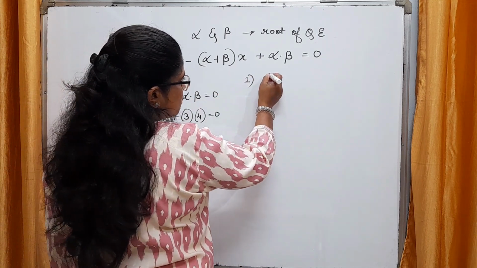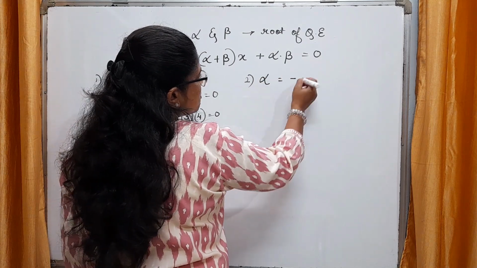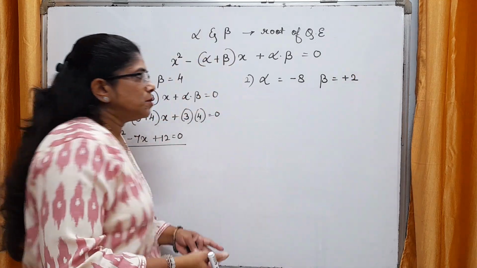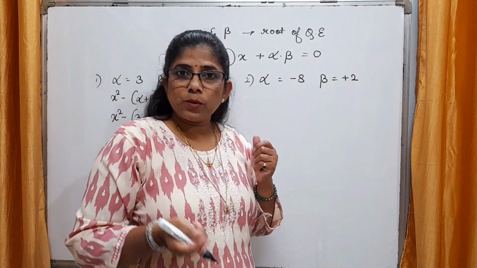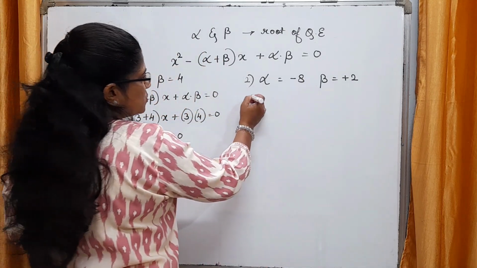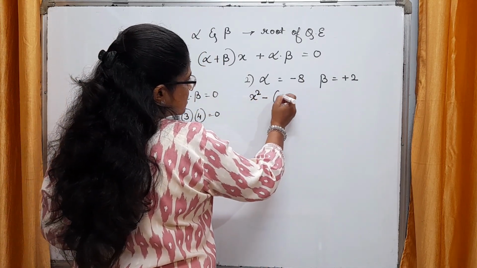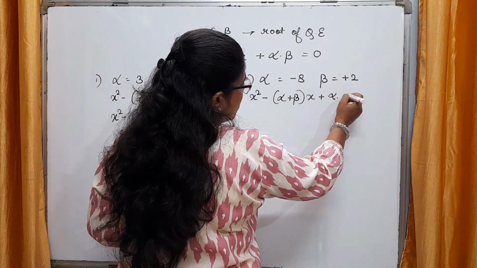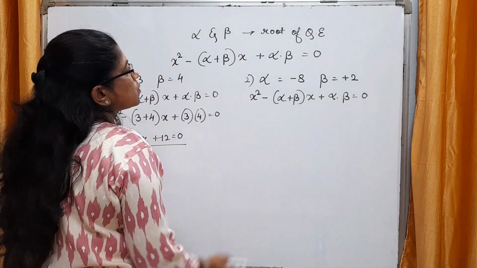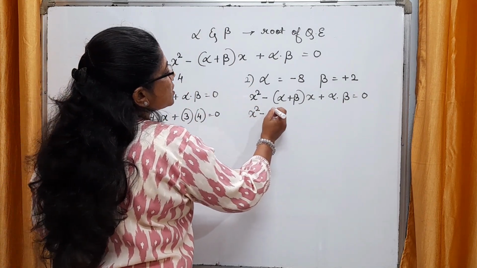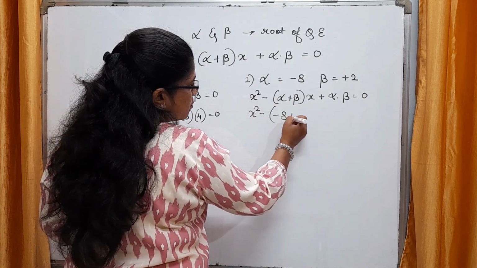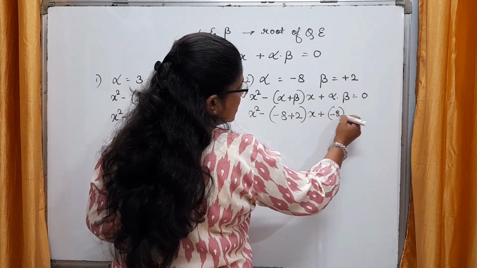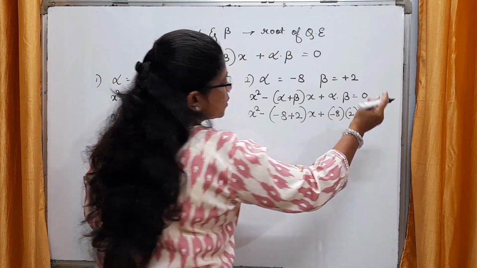Now second example, suppose alpha is minus 8 and beta is plus 2, means one root is minus 8 and the other root is plus 2. So how to form the equation here? x square minus (alpha plus beta) x plus alpha into beta is equal to 0. Fine. x square minus, our alpha is minus 8, beta is plus 2, into x plus minus 8 into 2 is equal to 0.